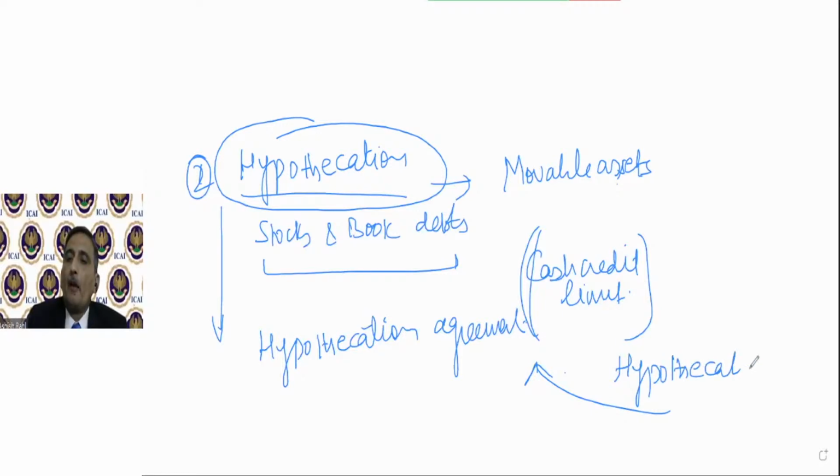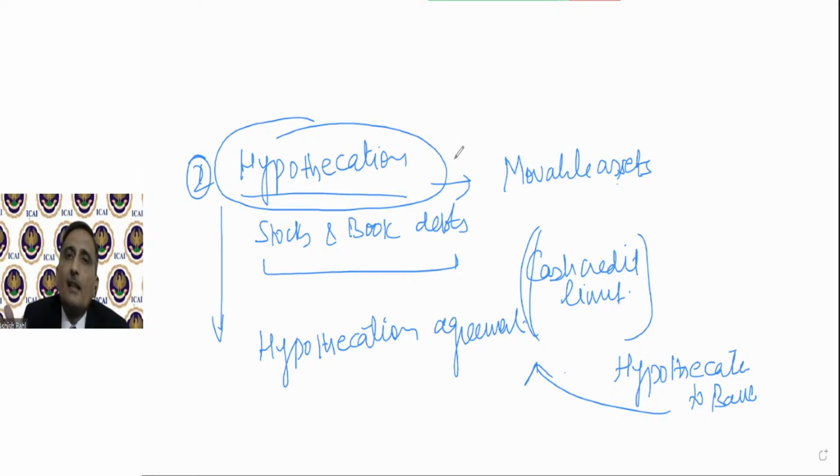And these stocks would be hypothecated to the bank. So in hypothecation, students, you have to understand that the bank does not become owner of the goods. The stocks remain in the factory of the company. These are being purchased and sold. The bank has only a charge, a general right, and it is created by way of a hypothecation agreement.